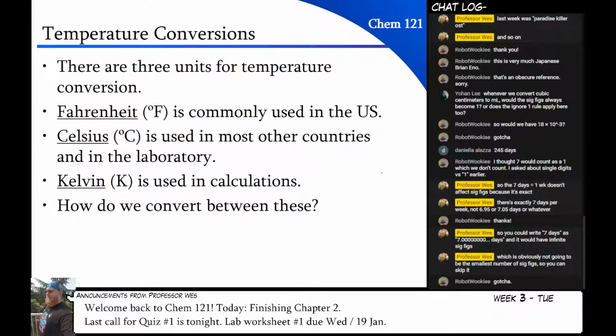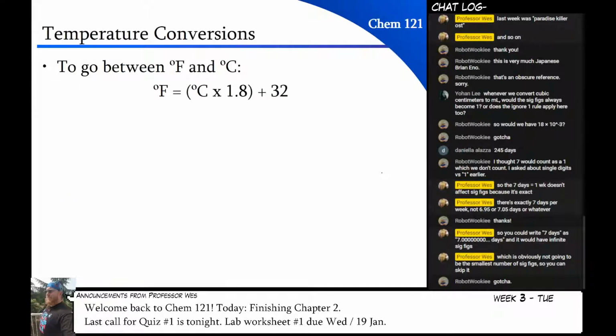How do we convert between the 3 of these things? Here are the formulas that we use. There are 2 formulas here. And everything in these problems for Fahrenheit and Celsius is exact. Okay? So 1.8 is an exact number, and the 32 is an exact number.